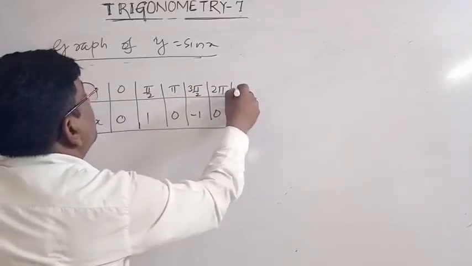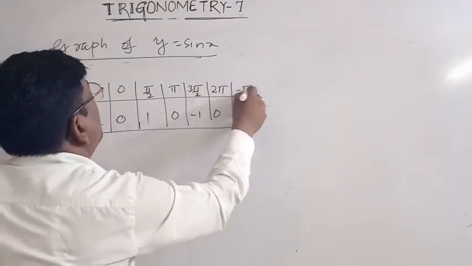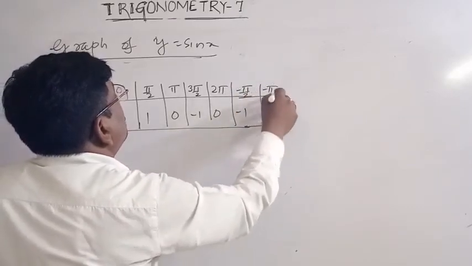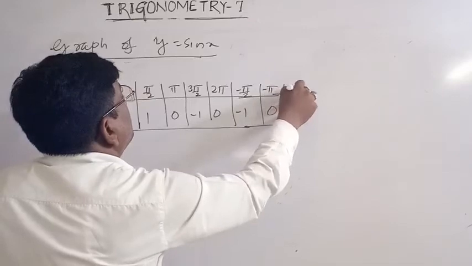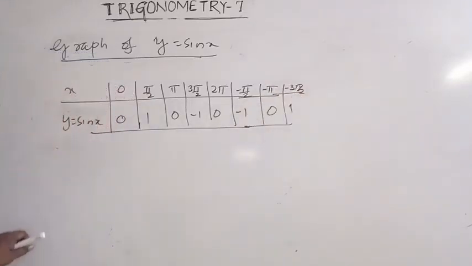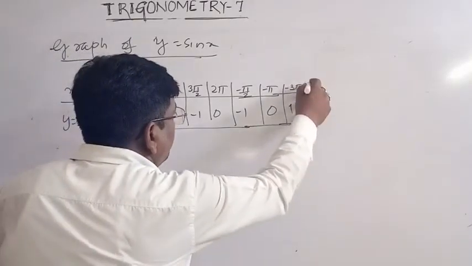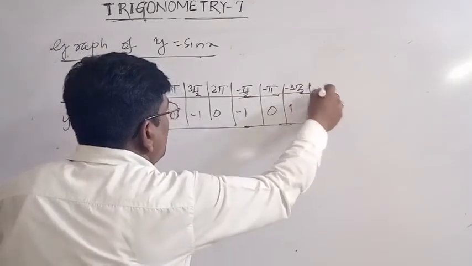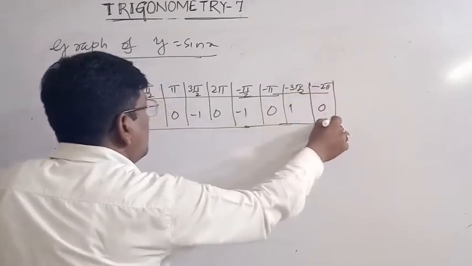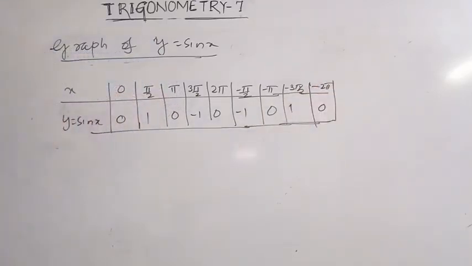Similarly sin minus pi by 2 is minus 1, sin minus pi is 0, sin minus 3 pi by 2 is 1, and sin minus 2 pi is 0. Now what is the graph?